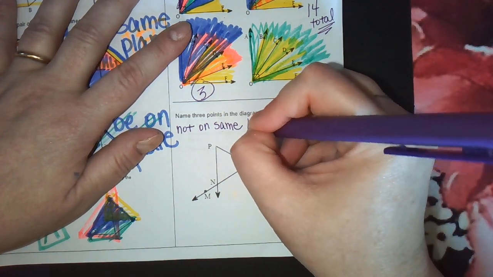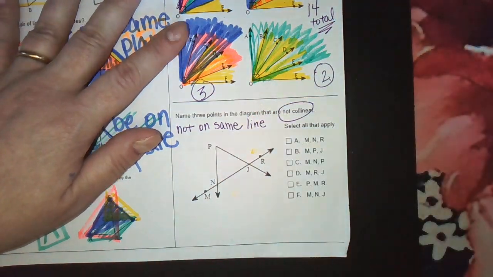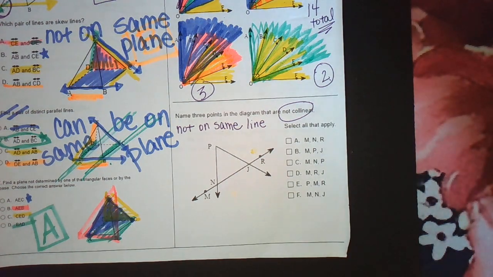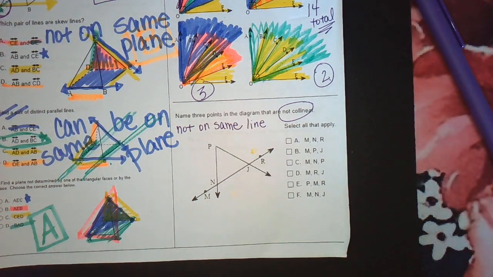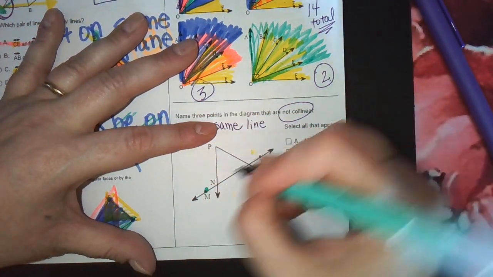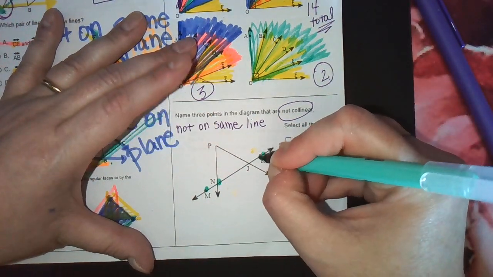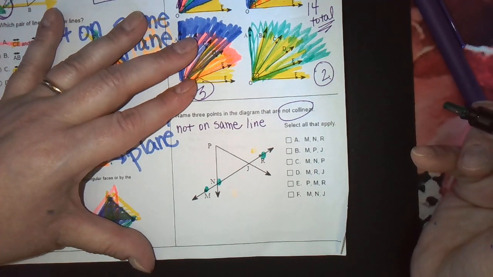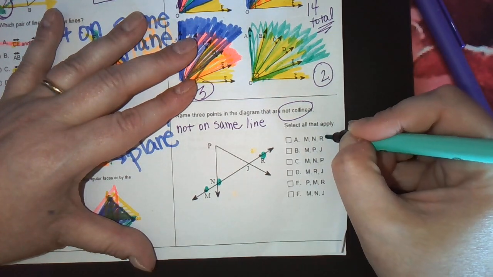Collinear means on the same line. My bad. Coplanar is same plane. Collinear is same line. Okay, so let's see if these dots are on the same line. We got M, N, R. Oh, those are collinear.